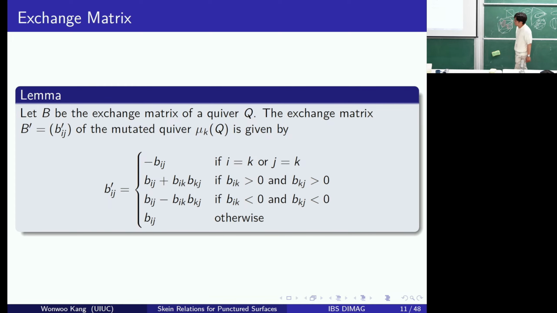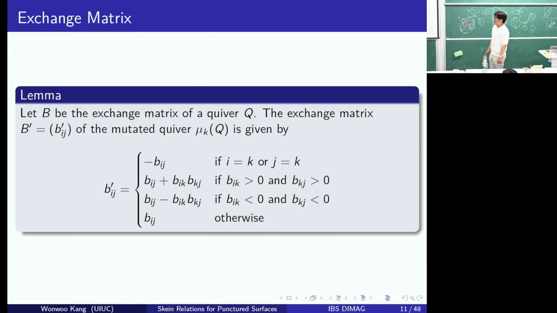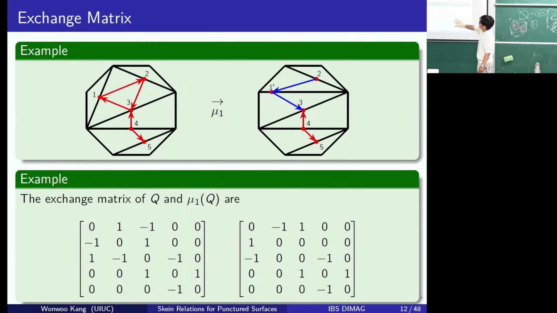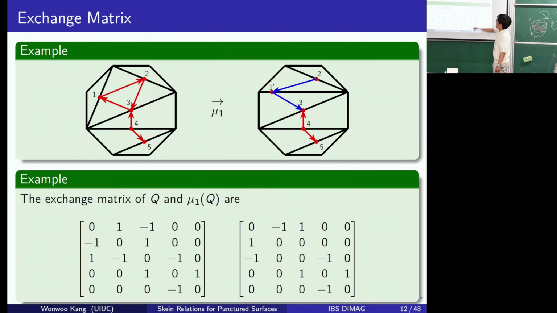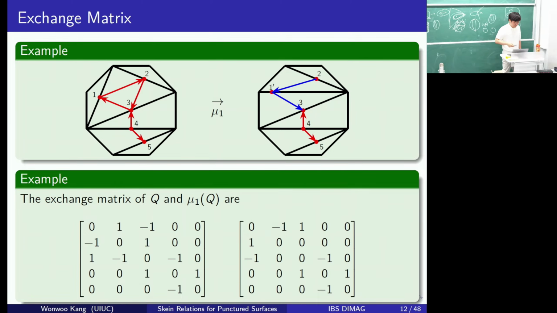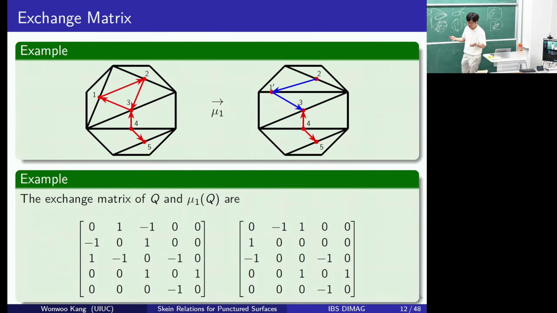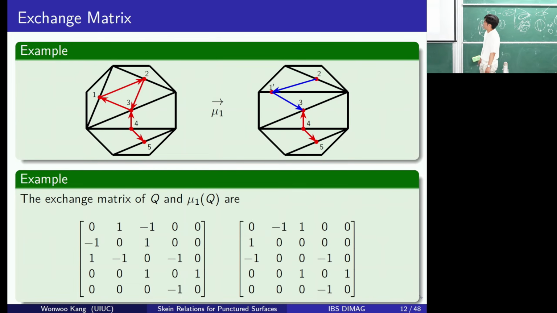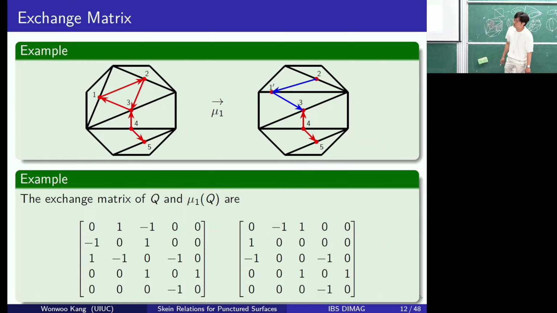Even though it looks like a lot of computation, it's basically you just get the exchange matrix from the new triangulation that you get, and that follows the previous rule. It's nothing special. You're just rewriting the exchange matrix out of this new triangulation and new quiver.